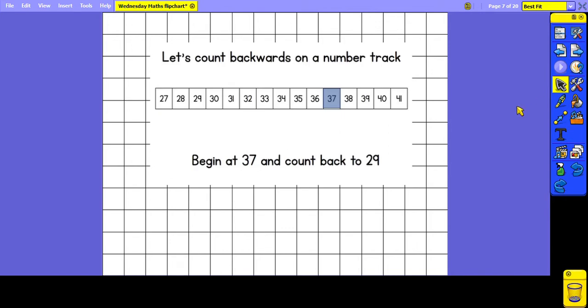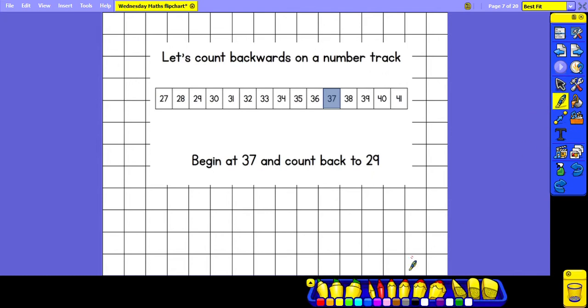And now we're going to count backwards on a number track. So if we're counting forwards, remember the numbers are getting bigger. We're counting in this direction. But if we're counting backwards, the numbers get smaller and we count the other way.